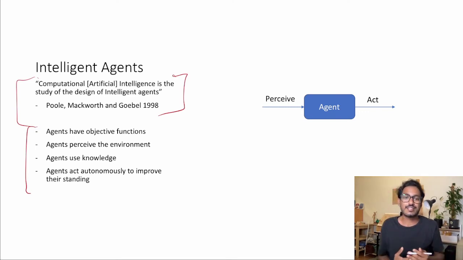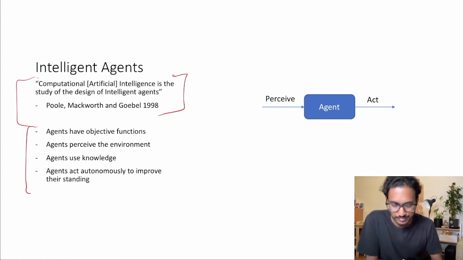So agents know how close they are to their objective, and they perceive the environment. They can see what's going on in their environment. And agents use prior knowledge or learned knowledge. So they act autonomously based on their knowledge, based on the perceived environment, to improve their standing according to the objective function.